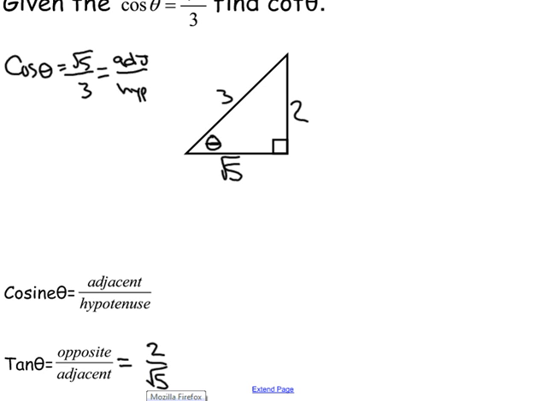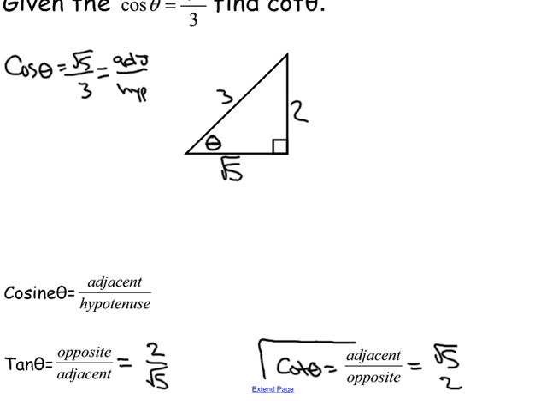So what would the cotangent be equal to? Well, the cotangent of theta is the reciprocal of tangent. That would be adjacent over opposite, which is radical 5 over 2. And that's our final answer. Radical 5 over 2.